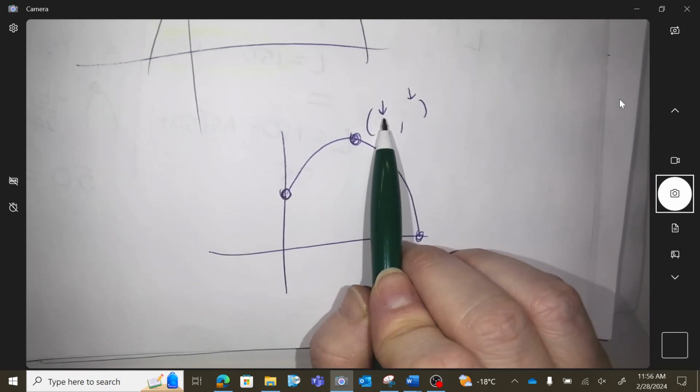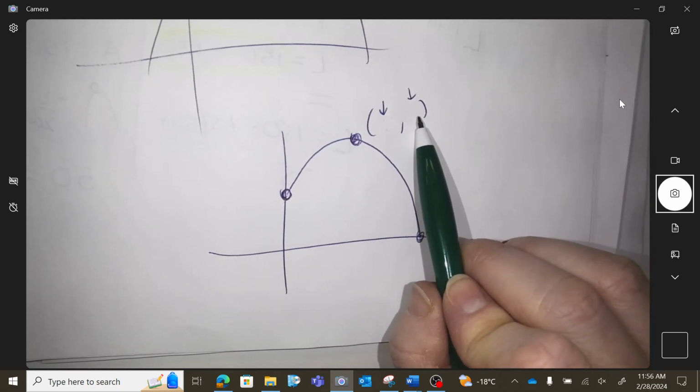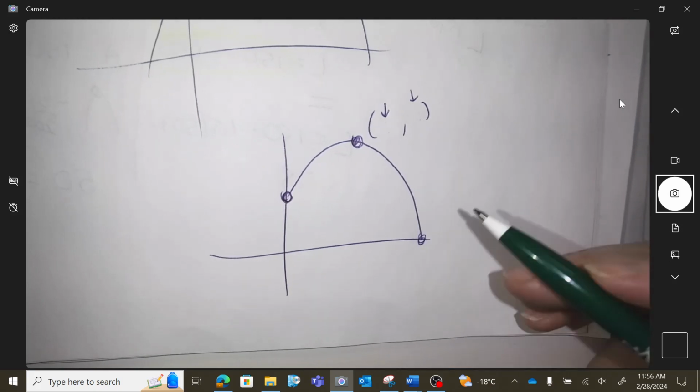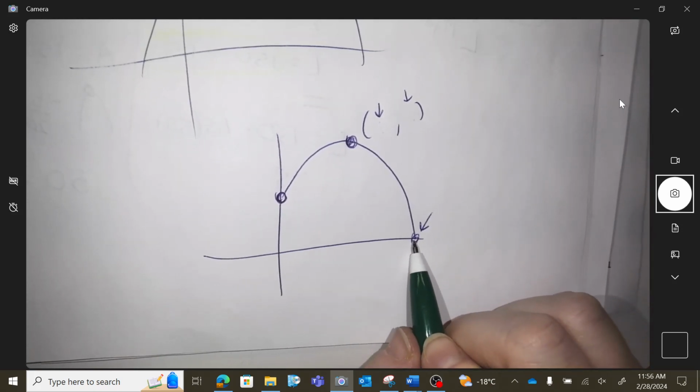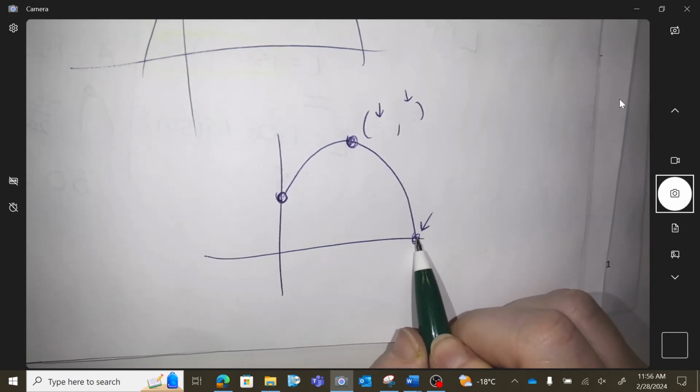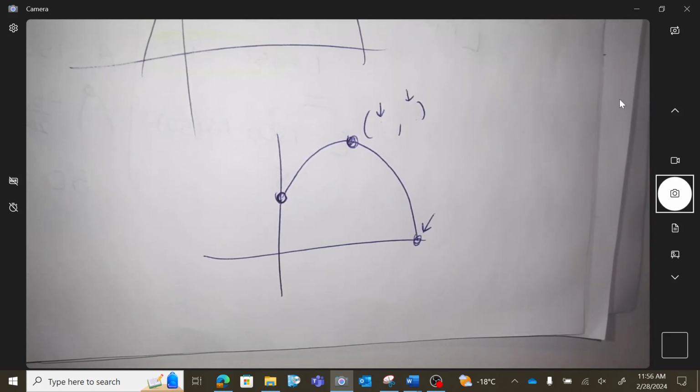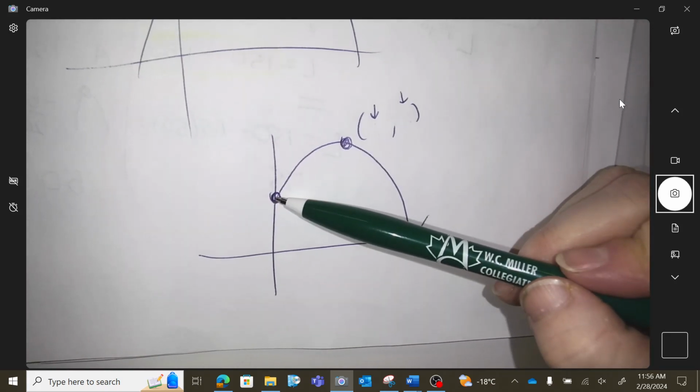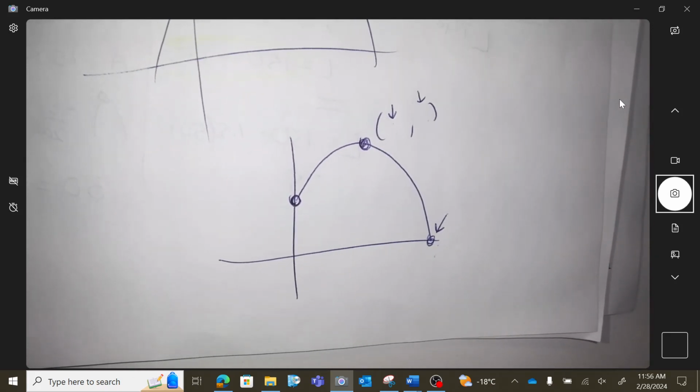How long it took to get to the top. This tells me what is the highest height. And what does the x-intercept tell me? How long it takes the ball to go and then hit the ground, right? Do you see it? Ball throws, goes up, hits the ground down there. Okay, so that's another thing about the word problems.